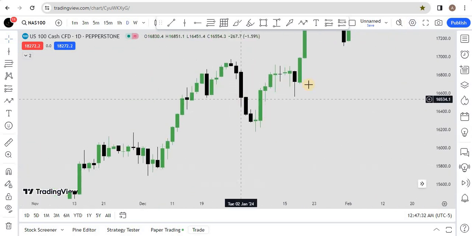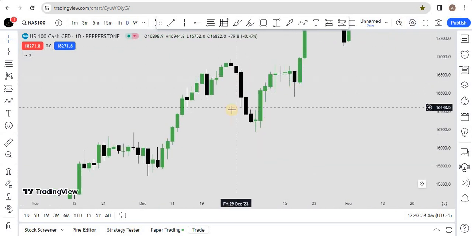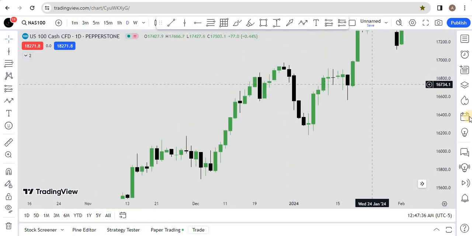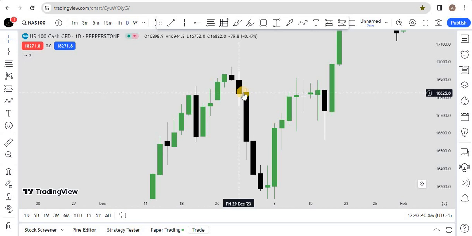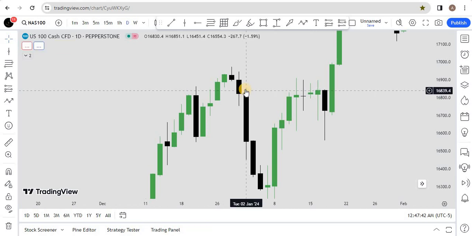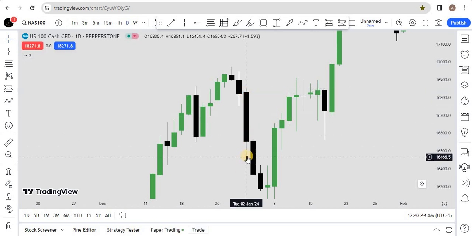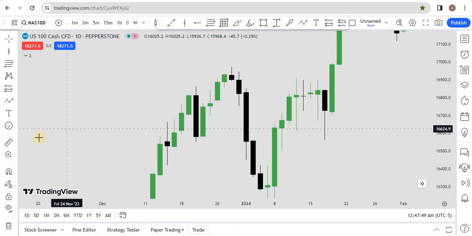So if you are bearish, you will see price open from here, accumulate, manipulate, and then distribute and close. How?